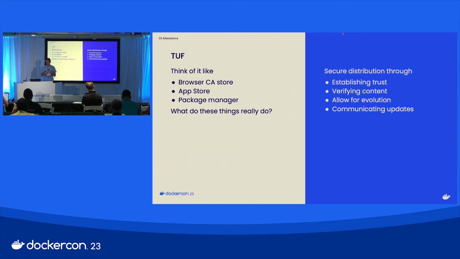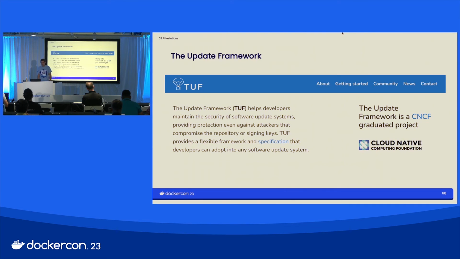Your browser tells you when new versions of it are available, and those new versions may have new root certificates, right? And also communicating these updates. And so TUF creates the machinery to establish, rotate, and revoke trust, providing essentially lifecycle management for trust.